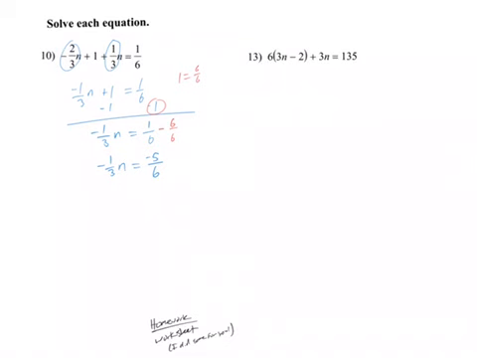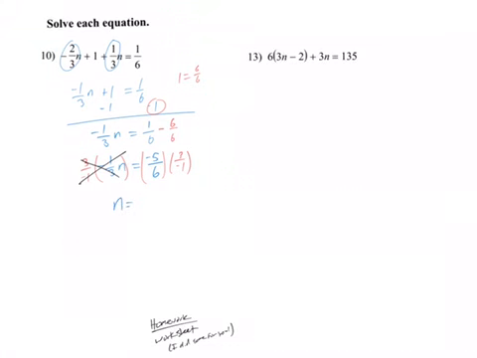To get that n by itself, remember our trick of multiplying by the reciprocal of that. So 3 over negative 1. Let's multiply the same thing on this side, 3 over negative 1. So then those 3's will reduce, the negative 1's will reduce, and it gives me just an n on the left, which is what I'm wanting.